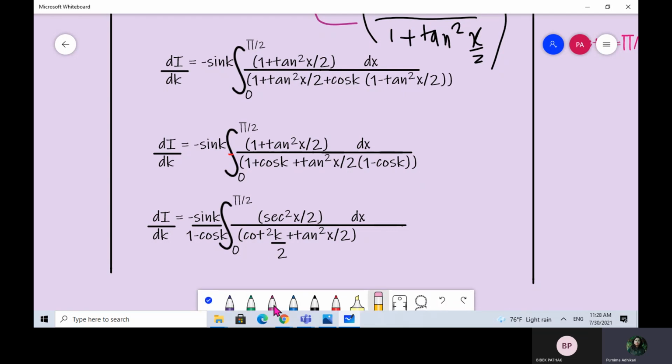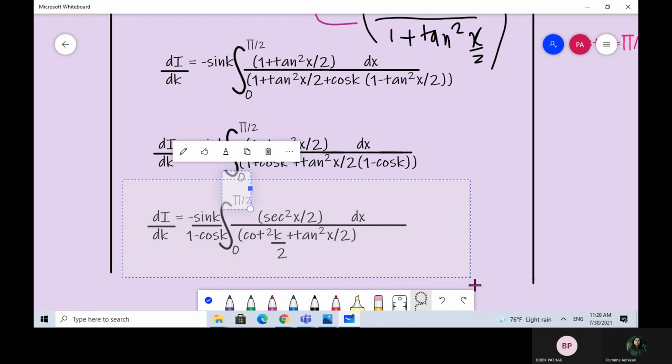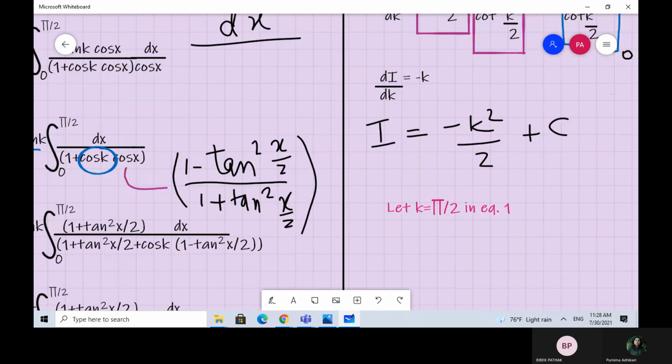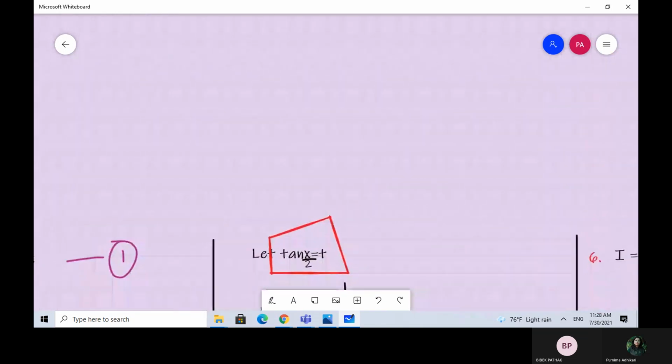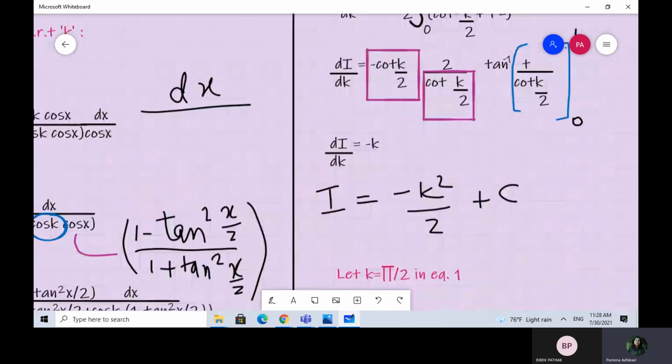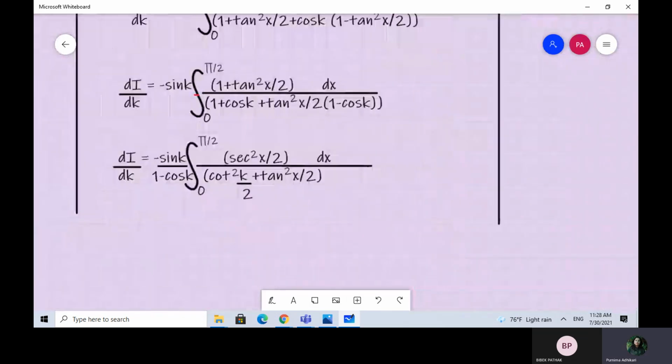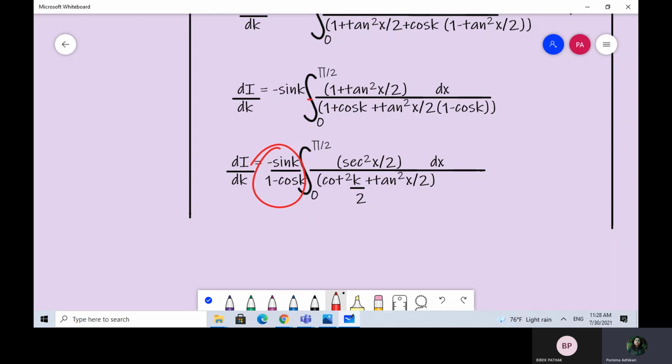So let me just copy this expression and show you the next step. Now this is sec square x by sec square x dx over, let's call it a square, a constant.